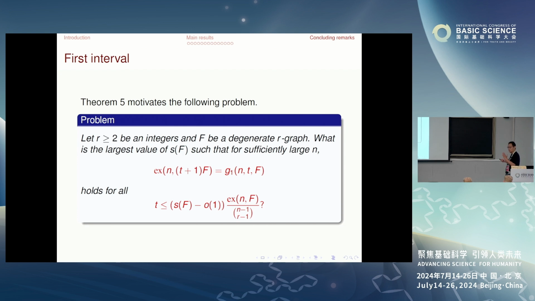Because in the first interval, we not only know its Turán number, we also know its extremal graphs. Okay, but we don't know about this one, SF. When F is a full cycle, we even didn't know how large SF is. We just know it's something about the square root of F.